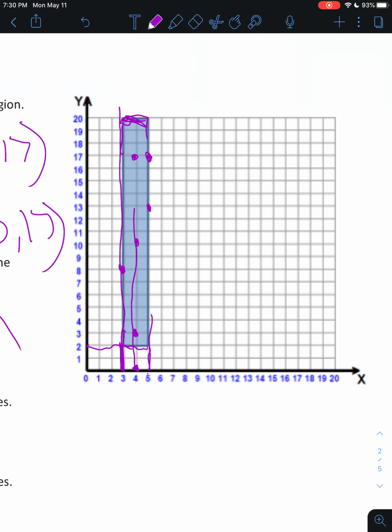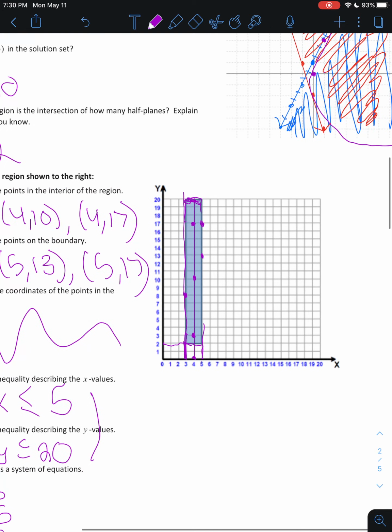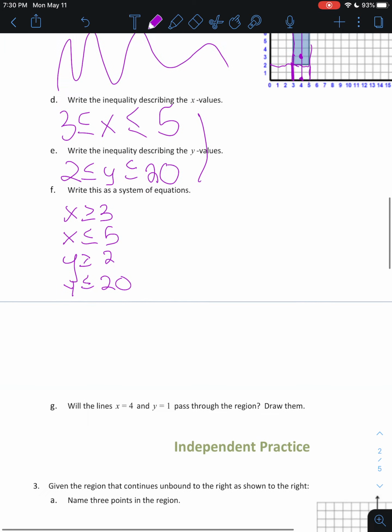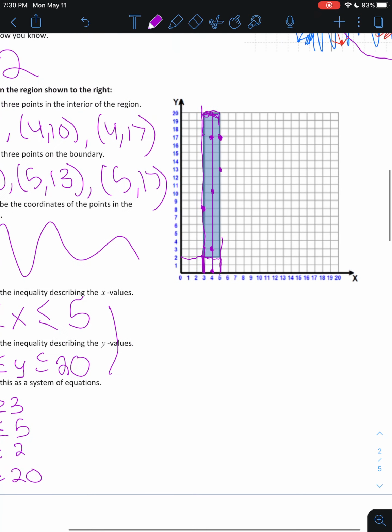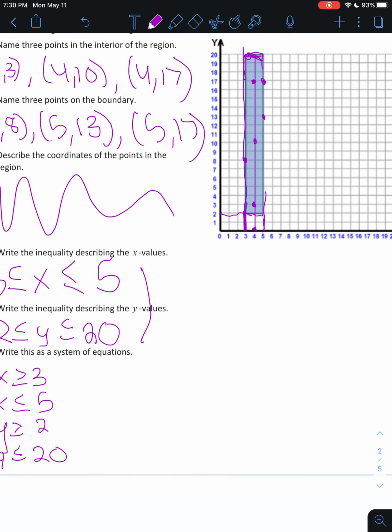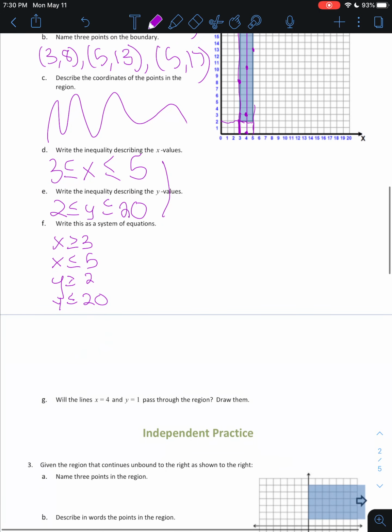And the line x equals 4 would be, let me try to draw it a little better. That's a little better. So it'd be that line, right? The line x equals 4 clearly passes through that region. It goes through the rectangle.